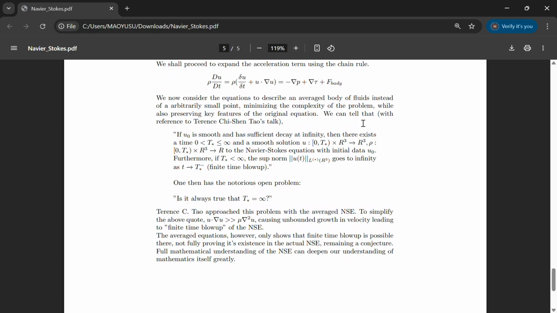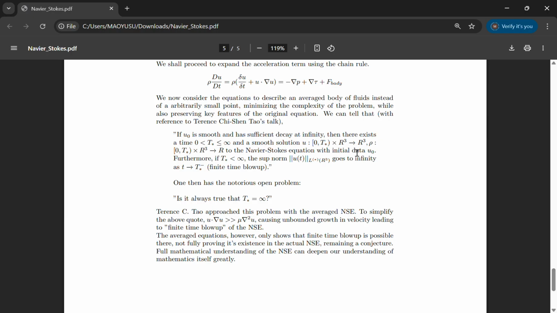Okay, so we can tell that if u0 is smooth and has sufficient decay at infinity, just because it decreases, then there exists a time t star between 0 and infinity. t star can be infinity, it doesn't matter. And a smooth solution u between 0 and t star.